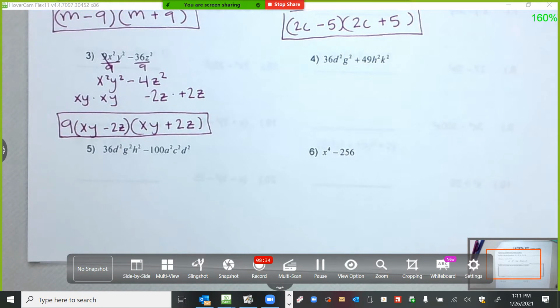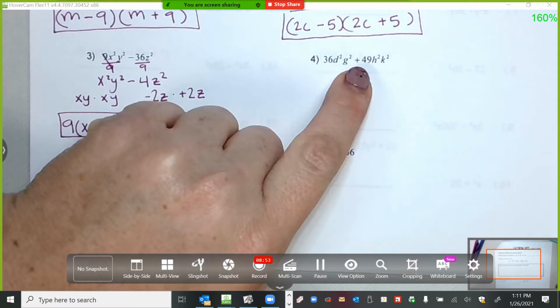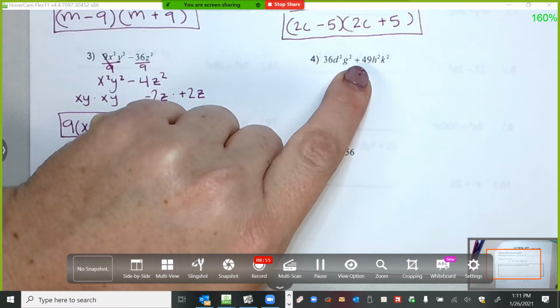Okay, look at number 4. What do we do? Check for a GCF. Does it have a GCF? It does not. Okay, so what do I do? What's in the middle? A plus sign. So can we do this method?